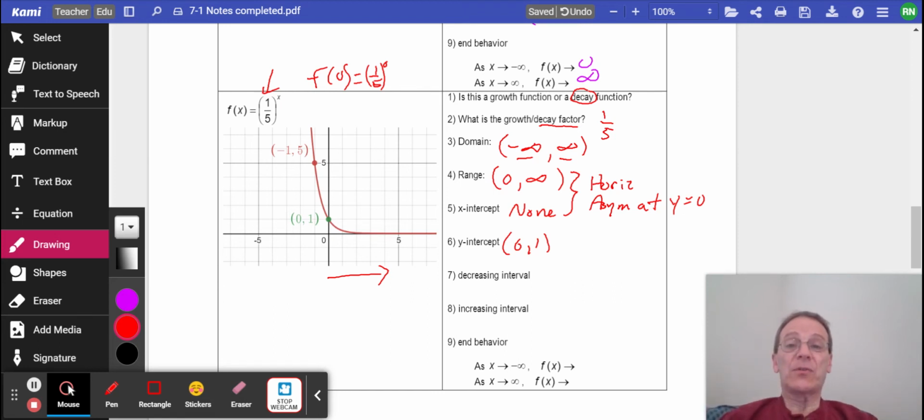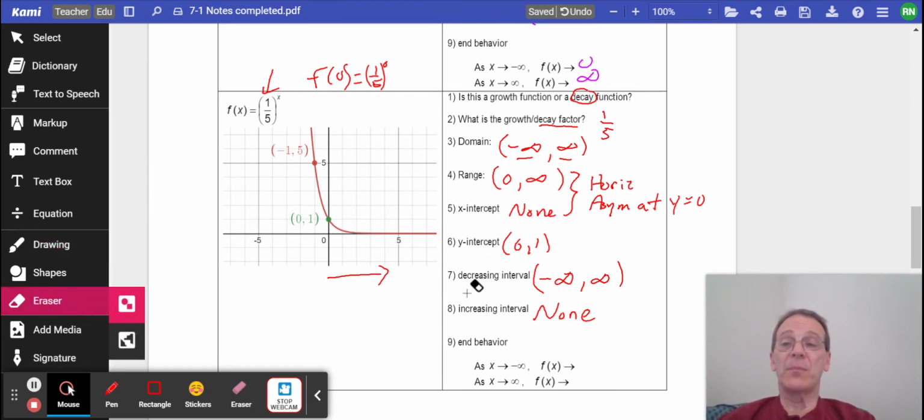The decreasing interval, well, the y values in this function are going down all the time, right? So the decreasing interval this time is from negative infinity to infinity, and the increasing interval, well, there is none this time. So these two answers are exactly reversed from the way they were in the previous problem.